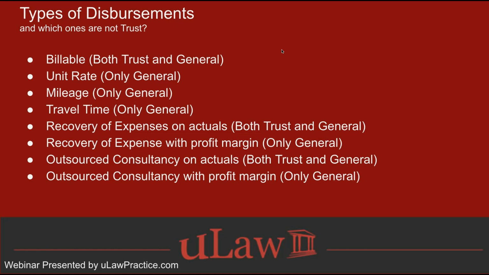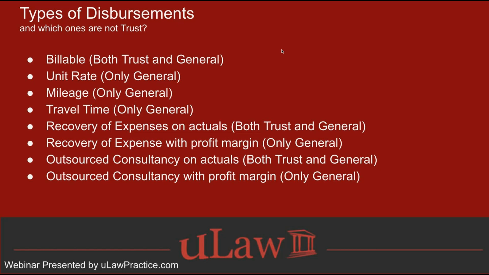Now, what goes out of trust, what goes out of general? A very basic point to keep in mind is that any recovery of expense with a profit margin never goes into trust, or never gets recorded under trust rather. It's always from the general account. Likewise, unit rate, that is photocopies, mileage, that is travel, all of these are again only from general, and consultancy.